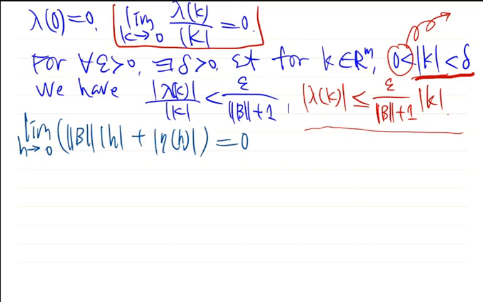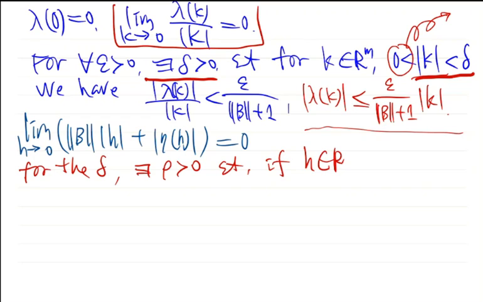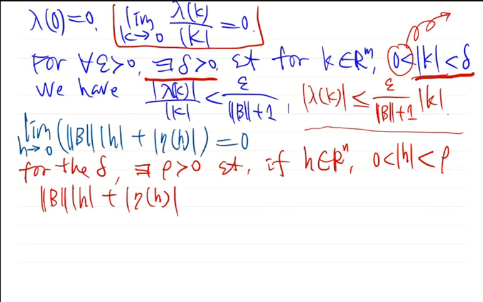For this delta, we see that we have a rho positive, such that if h in Rn with the norm of h less than rho, we will have B H plus eta H less than delta.